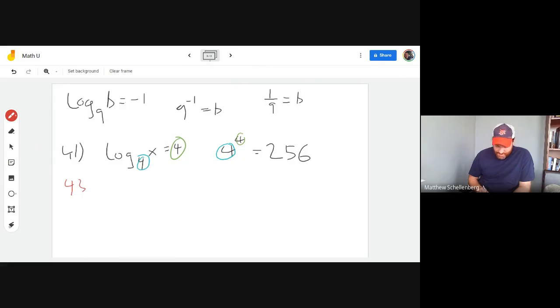And it says that the log of 169 with base 13 equals 2, and that is true. 13 squared is, in fact, 169. But all they want is for us to rewrite it in exponential form. So let's do that. So this says 13 squared equals 169.